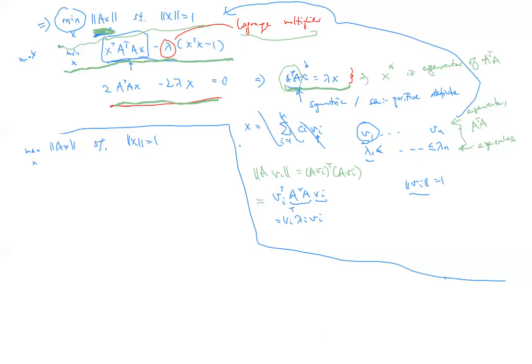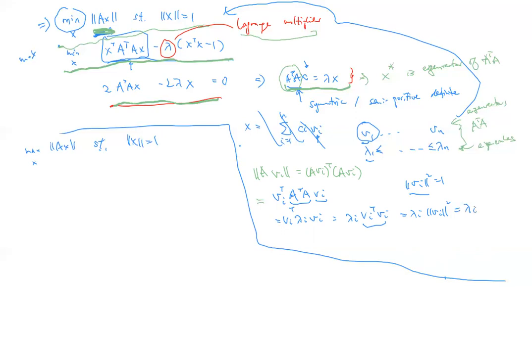And lambda i is just a scalar, so I can move it to the front. Then I have lambda i vi transpose vi, and this is just the norm squared of vi, which is equal to 1. So therefore it's just equal to lambda i.